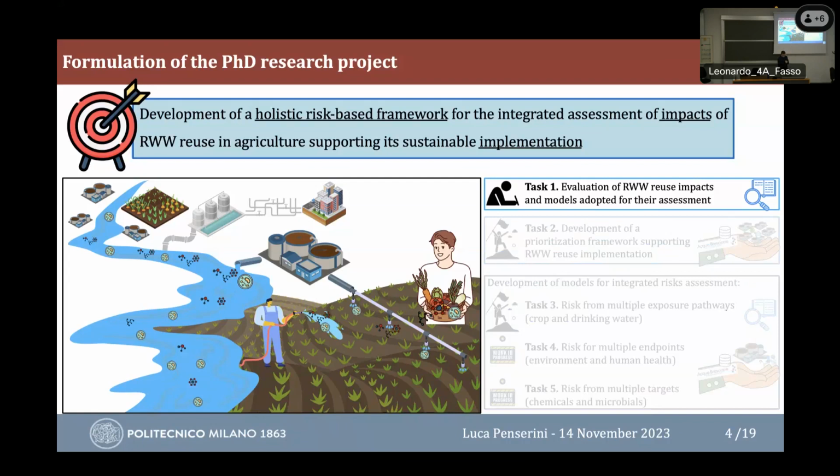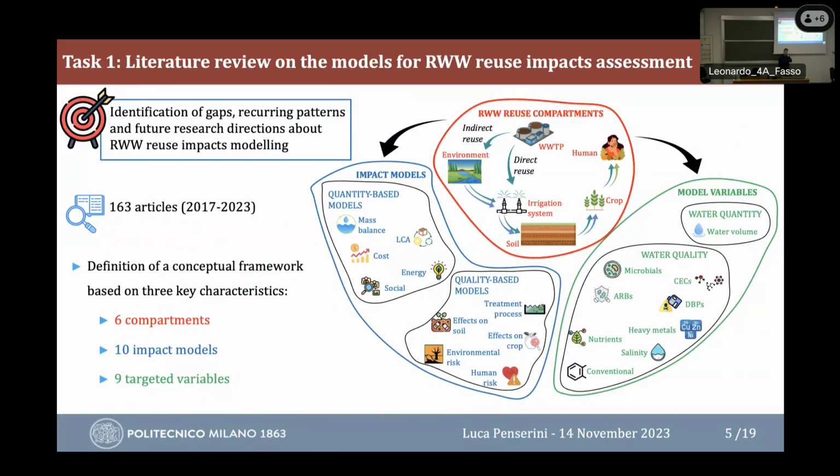So, starting from the first one, as I said, the literature review was performed, and the aim was to identify the gaps, but also the research direction for wastewater use model, impacts modeling. 163 articles were collected and analyzed from the latest 6 years, and they were classified based on this conceptual framework, which is based on three key characteristics.